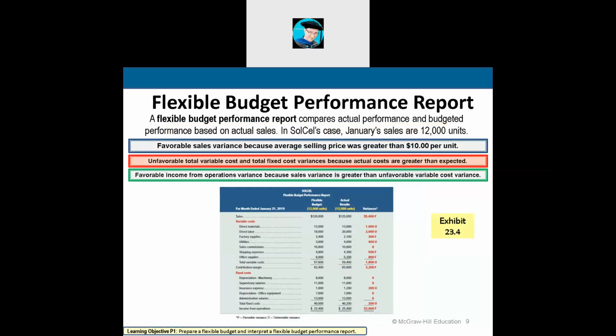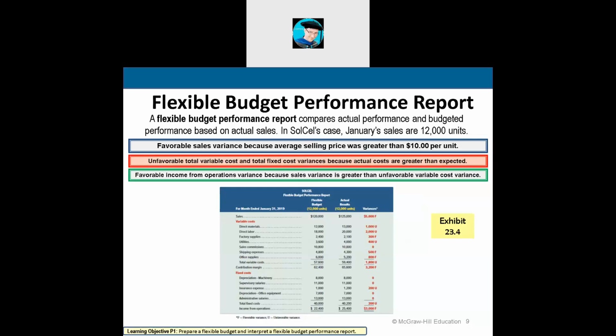Now the month goes by or the year goes by, and based off of the levels, 10, 12, 14,000 units, I can then compare the actual performance. I said I was going to sell 12,000 units for one of my levels, which is $120,000: $10 per unit sales price times number of units, 12,000, that's 120,000.